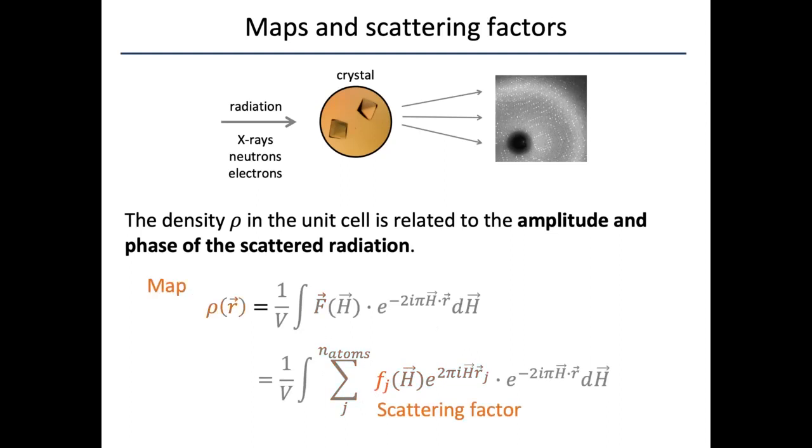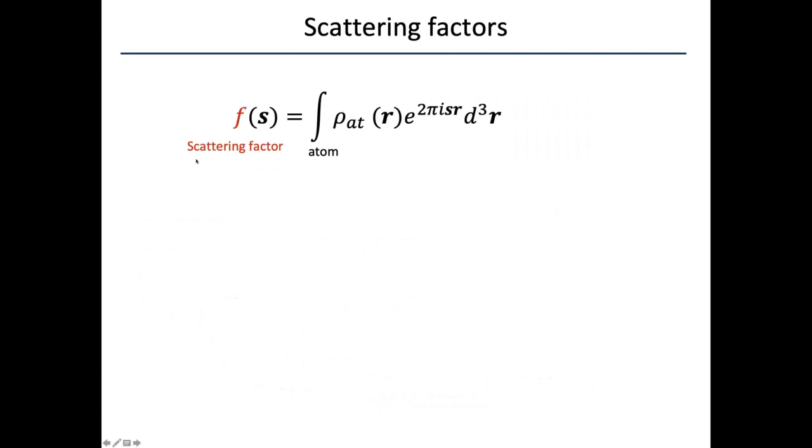And now we see on the left-hand side, we have density, so that is related to a map or the Fourier image of a map. And on the right, we have the scattering factor. So if we want to understand the features of maps for different methods, then we have to understand what the scattering factors for these different methods look like. So what are these scattering factors?